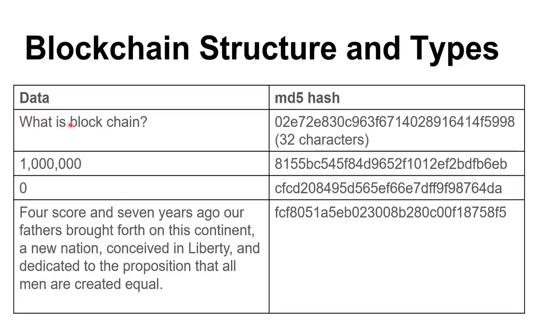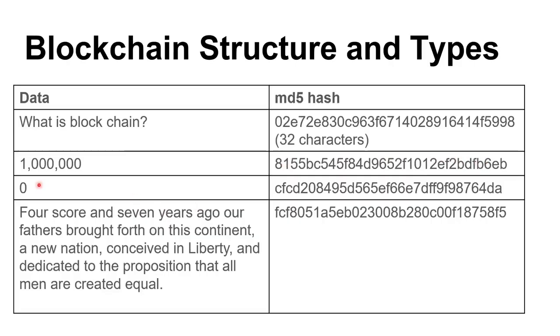This sentence here, "What is blockchain?", followed by the question mark character, hashes, using an MD5 hash algorithm, to this 32 character hash right here. This number, 1 million with the commas, also hashes to 32 characters.